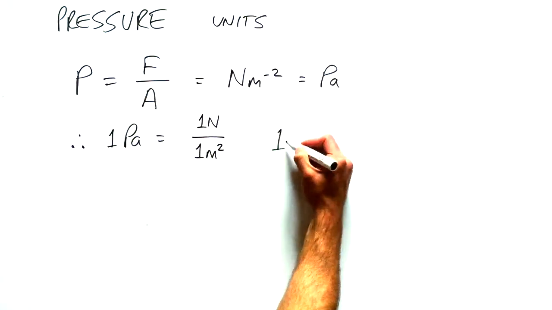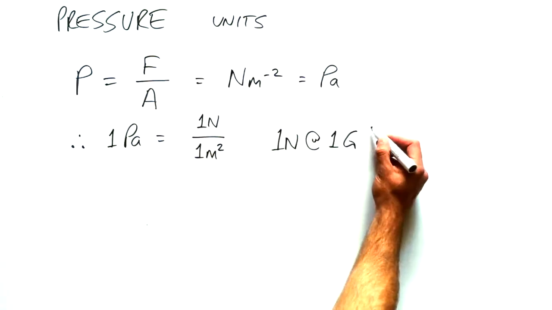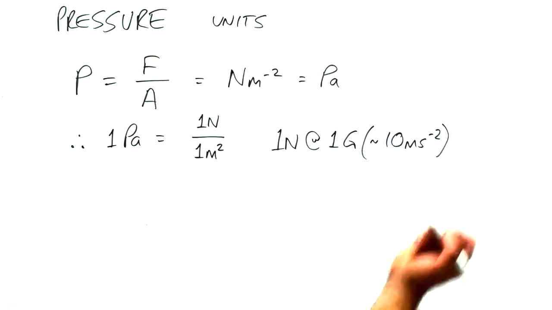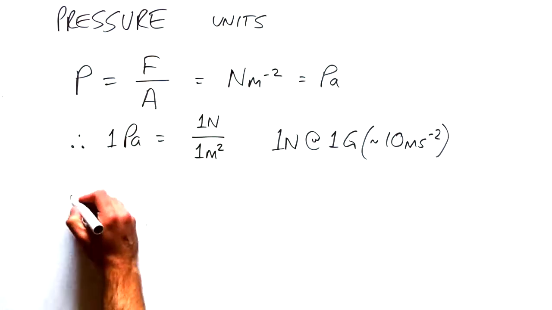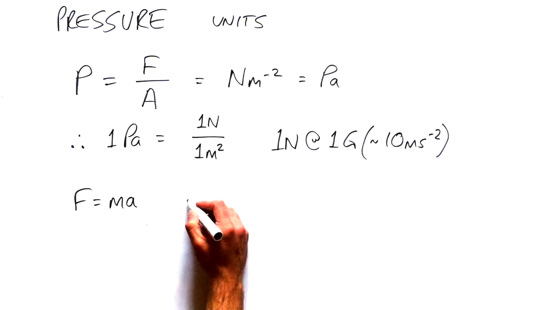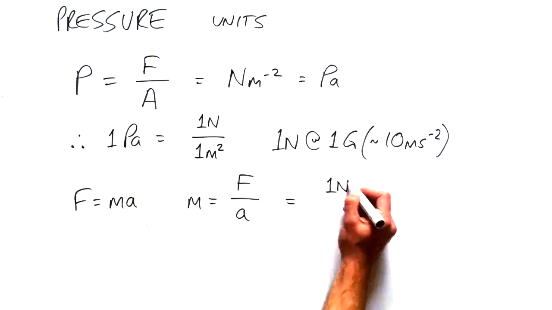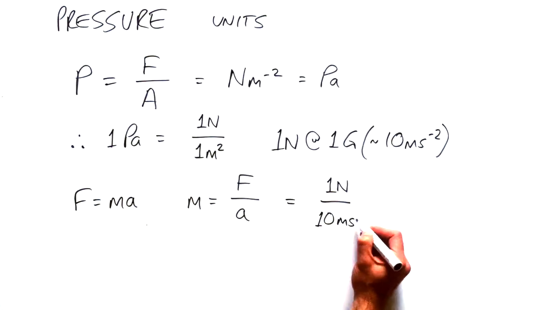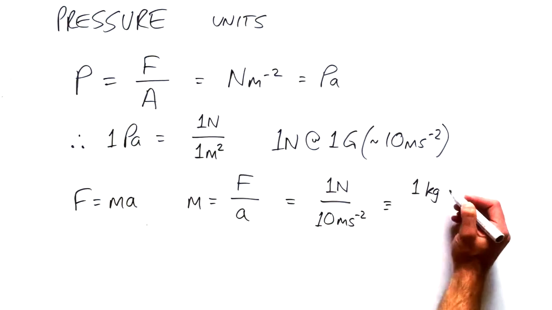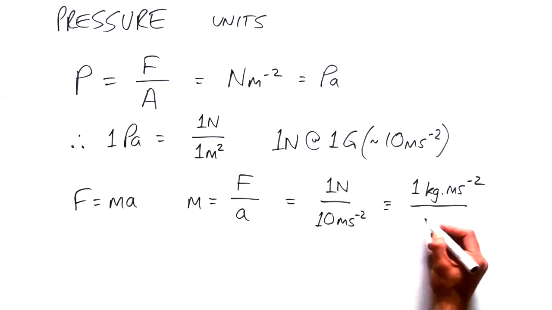1 Newton at 1 g, which is approximately 10 metres per second squared, or the accelerating force of gravity, gives us a mass or a weight, which is force divided by acceleration. So 1 Newton divided by 10 metres per second squared, and 1 Newton is equivalent to 1 kilogram metres per second squared, divided by 1 g.